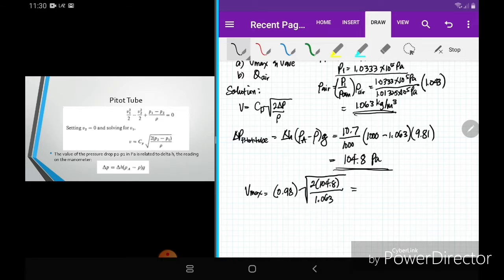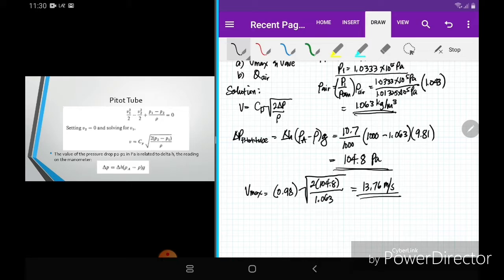The maximum velocity then is equivalent to 13.76 meters per second. This is the maximum velocity.